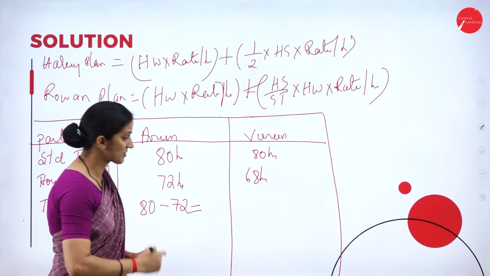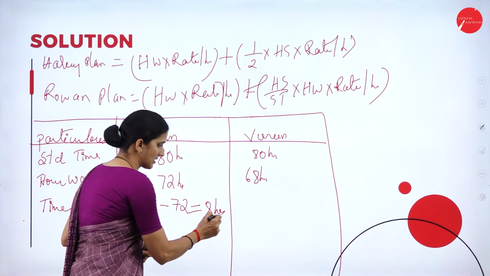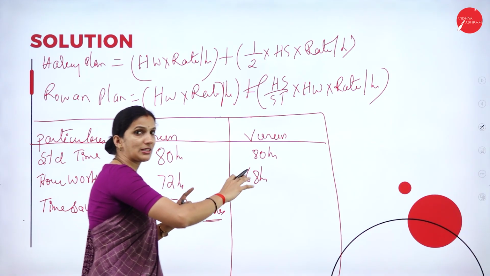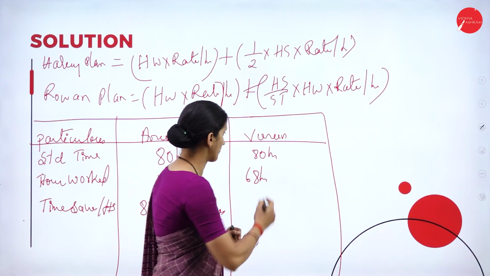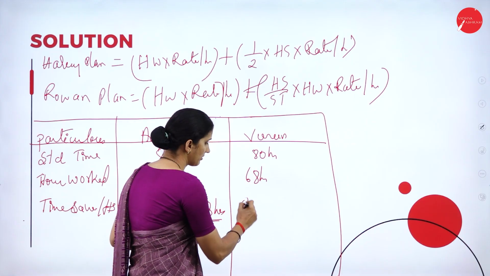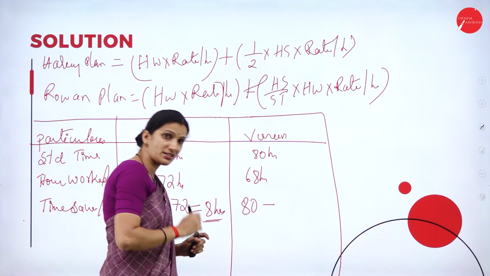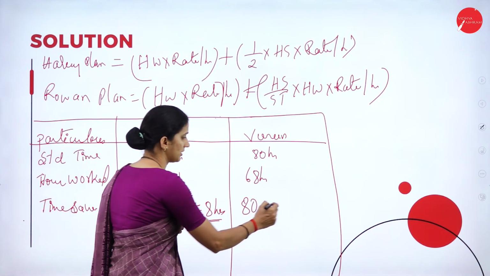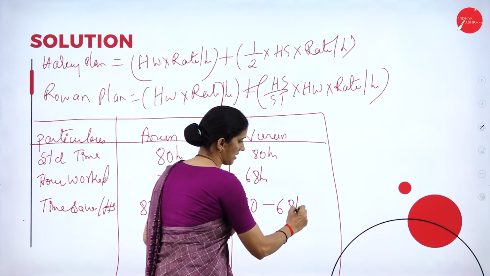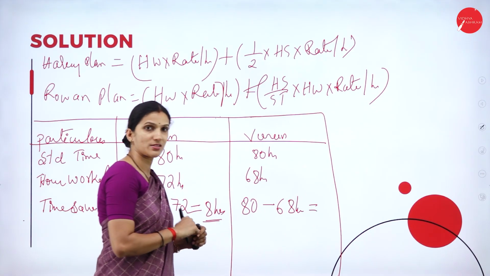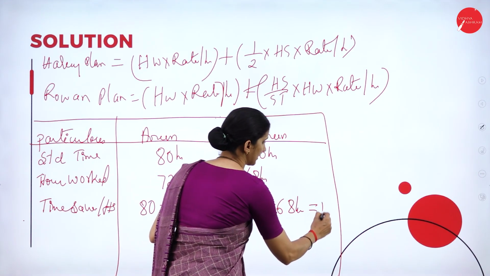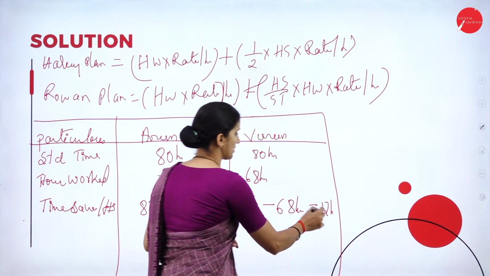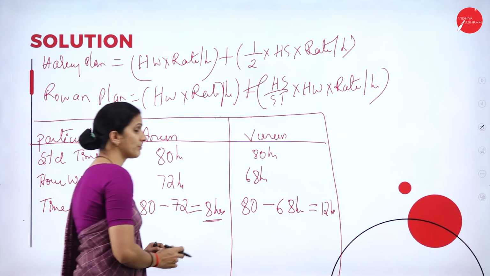So the time saved here is 8 hours, right. In the same way we will calculate for Varun also. See, standard time given is 80 hours, but he completed the work in 68 hours. So what is the difference here? That is 12 hours. So this is the time saved.